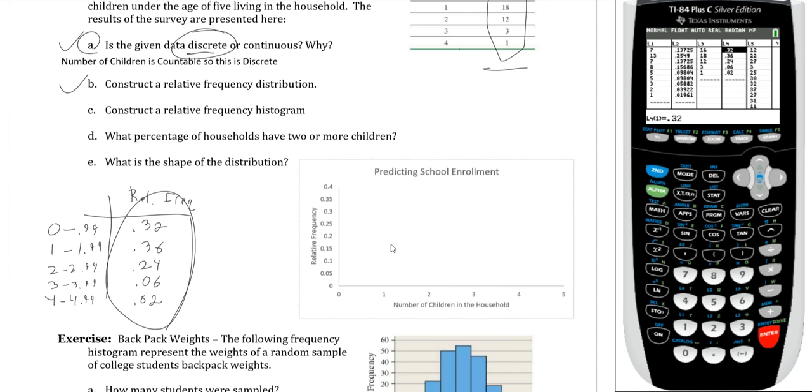Or really 0 up to 1 but not including. And that's how I'm going to represent these relative frequencies. I'm going to start my first bar at 0, and it goes up to 1, and it has a relative frequency of 0.32, which is a little bit above 0.3.